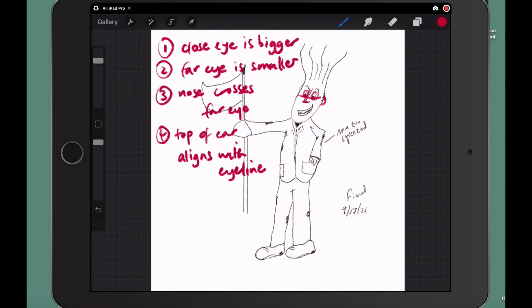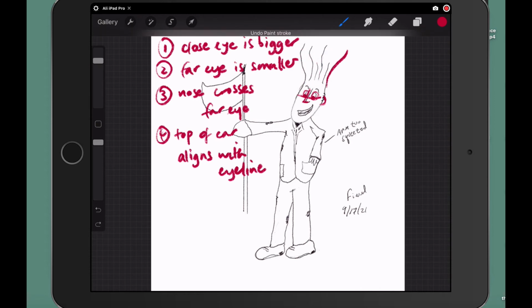And then with Nixster, because he's got hair, we need to take perspective into account. So this hair being the closest to us is going to be, even if the outer hairs on the left and right are the same height when he's looking straight at us, when we look at him from an angle, this one's going to appear a little bit longer and this one will appear a little bit shorter. And that's just the effect of perspective. And if we draw it like that, it'll look more effective.